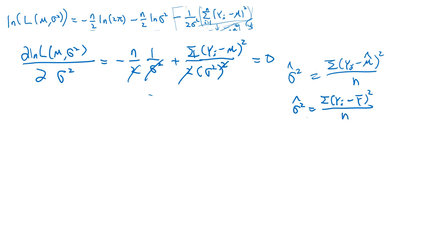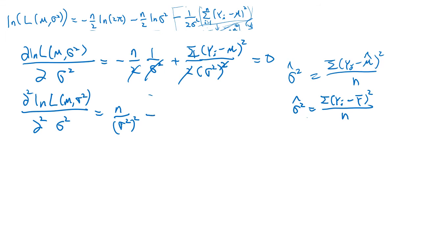Okay, and actually we need to check one more thing, which is the second derivative of ln L of mu, sigma square, and this is plus n over 2 sigma square squared, and this is minus sigma square to the third.